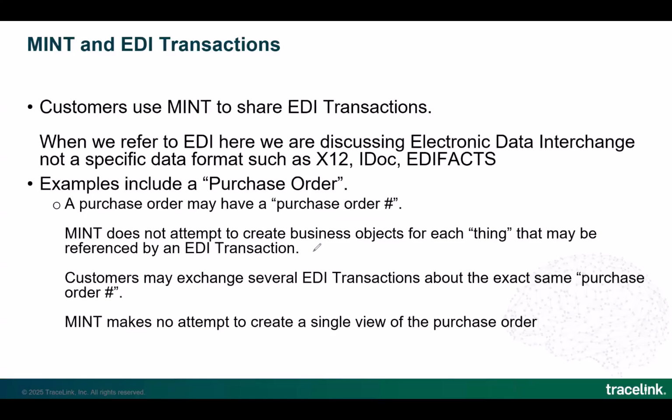Mint will not make any attempt to check whether the transaction exists in the system or not. If you send another file, it is a new transaction for Mint. So it will keep on creating new transactions and it will not refer to the earlier purchase order number or reference number or so on.